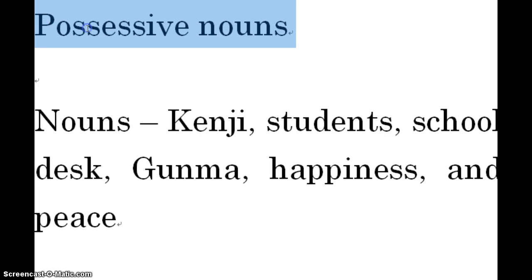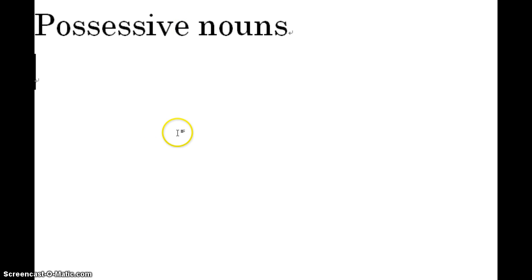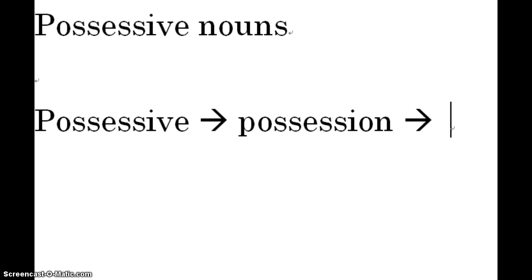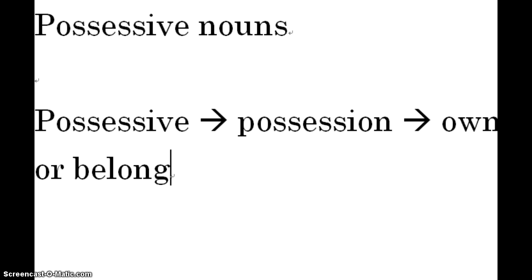For your information, the word possessive comes from the word possession, which is linked to the word own or belong. So when we want to inform who the owner or user of something is, we can use possessive nouns.